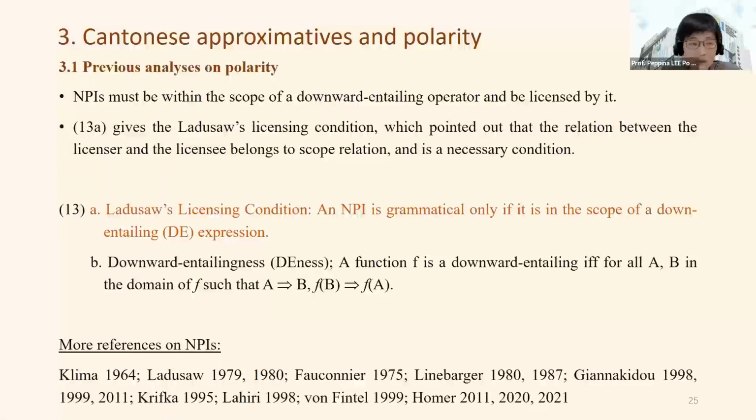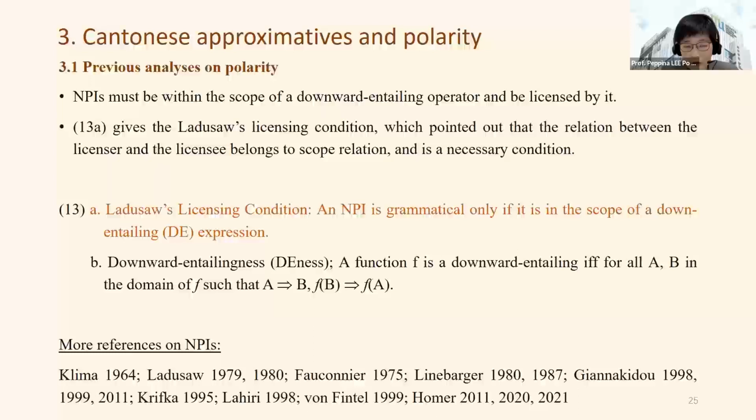The formal definition you can find in 13A, the licensing condition: an NPI is grammatical only if it is in the scope of a downward entailing expression. An example in English is "any": I didn't eat any food. Any is a negative polarity item, so it must be within the scope of not.